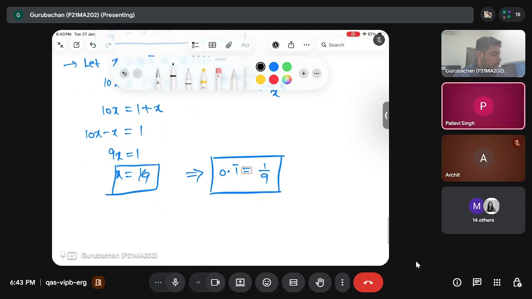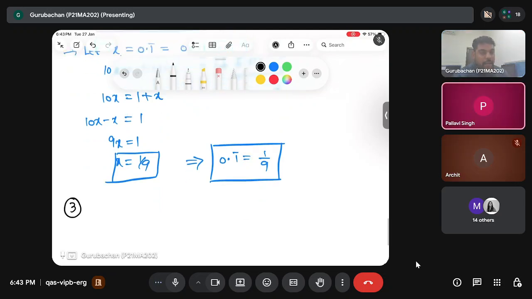Next, let us move to some interval kind of problems.